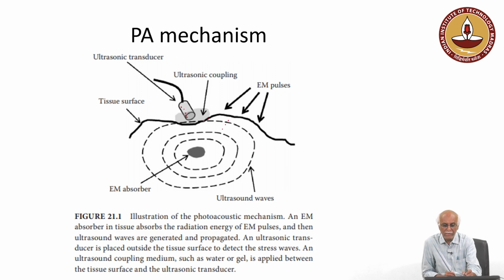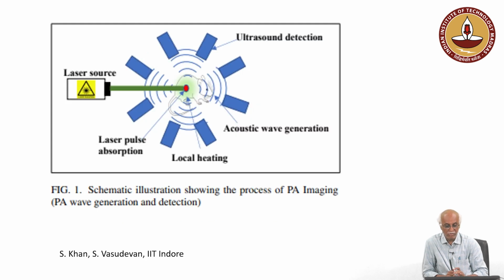And there is a coupling medium, because when the detector is placed on the tissue, if there is an air gap, air is not a good conductor, and reflection, impedance mismatch will come into the picture.